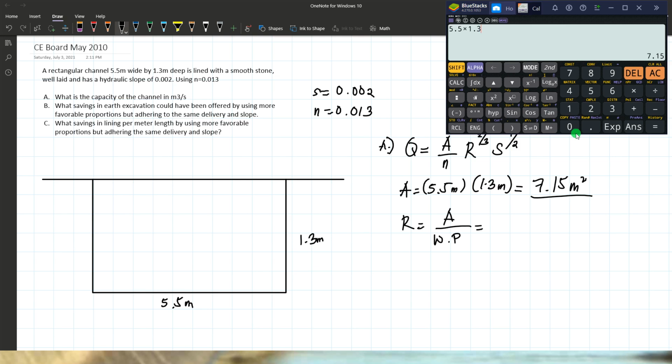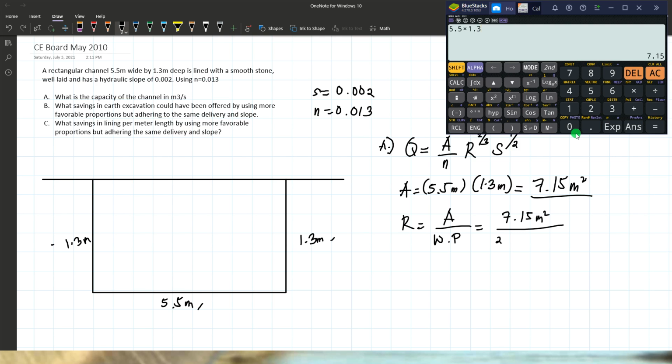We already have the area, 7.15 square meters, to be divided by the wetted perimeter. So let's just add 1.3 times 2, then add the bottom lining 5.5.